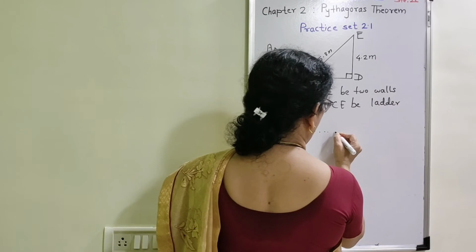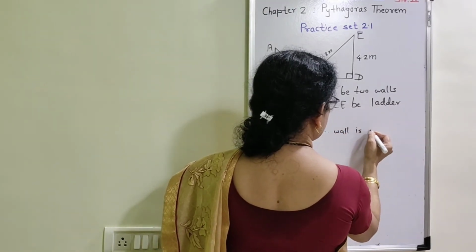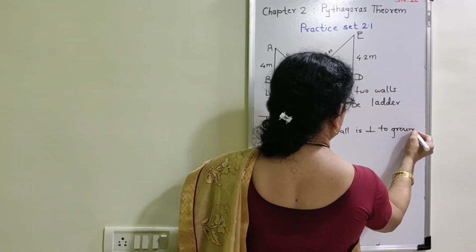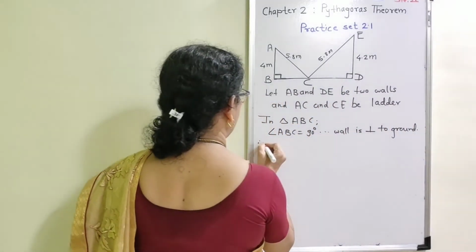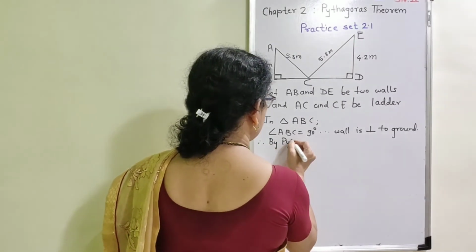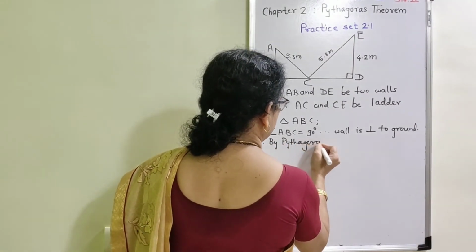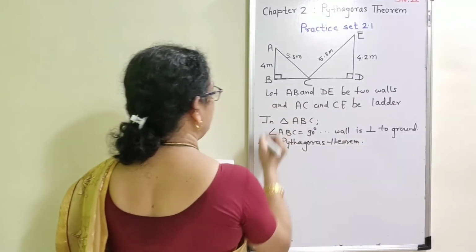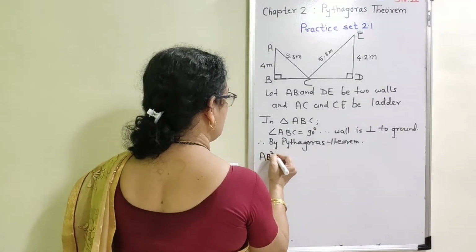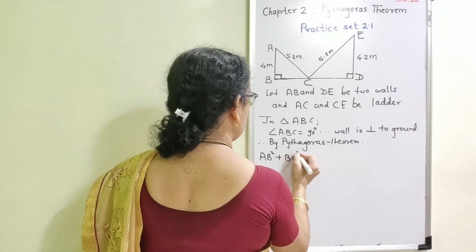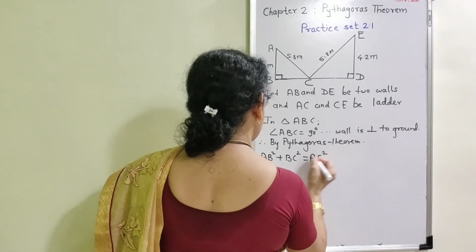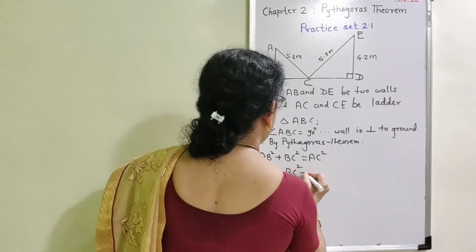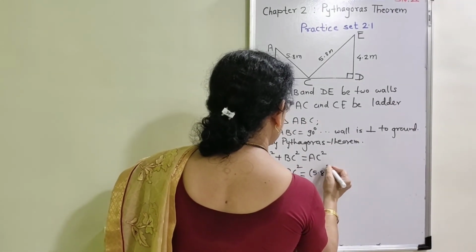I have explained already, the wall is perpendicular to the ground, and therefore by Pythagoras theorem we can apply here. I am going to write the addition on the left side since I want BC. BC square plus AB square is equal to AC square. AB is equal to 4, BC I am going to find out, and AC is equal to 5.8.